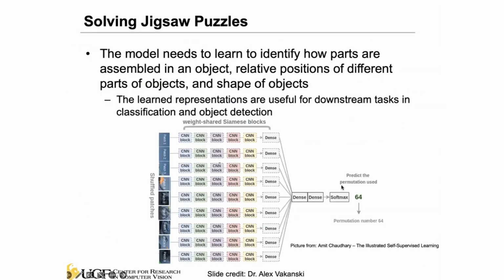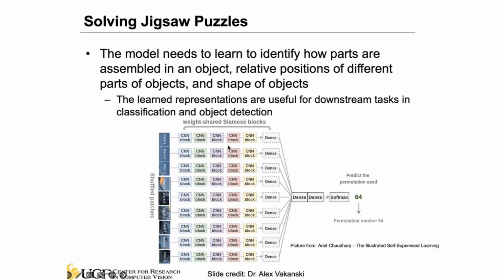And this is their network. So you have these 9 shuffled patches, and they go through the same network. One thing to note is that although you can see 9 different networks, essentially this is the same network architecture sharing the same weights.